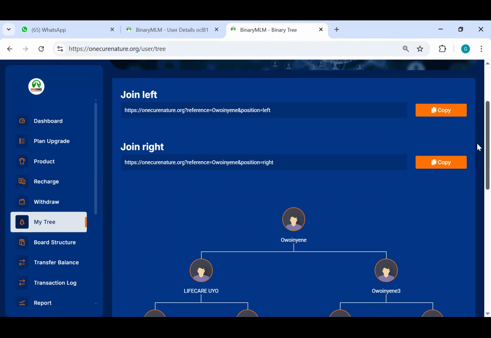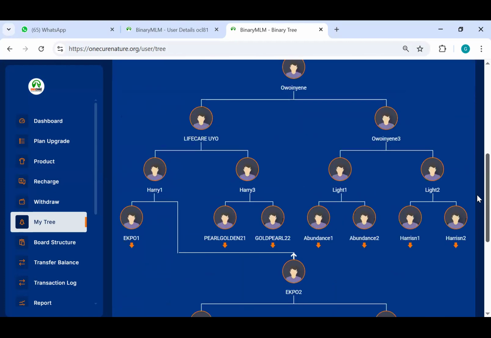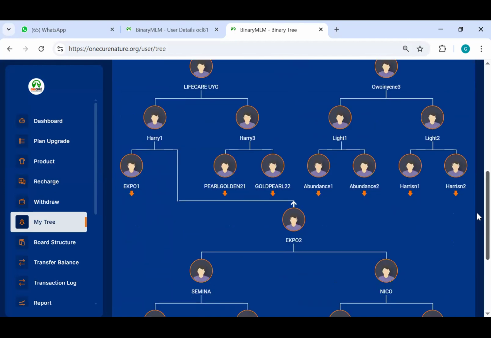Remember that the explanation I'm giving you now is different from referral bonus, binary bonus, and matching bonus. So it's different. This one I'm saying is that our system still recognizes the people that have come into your tree.